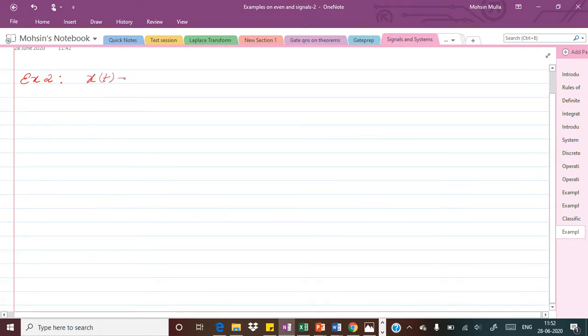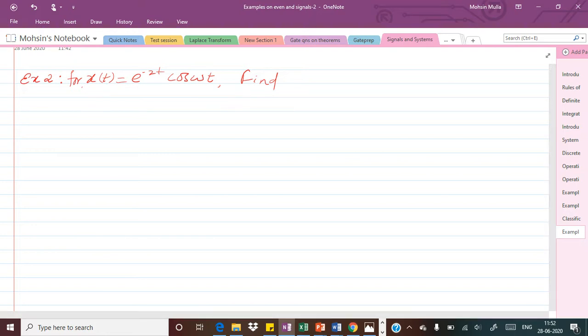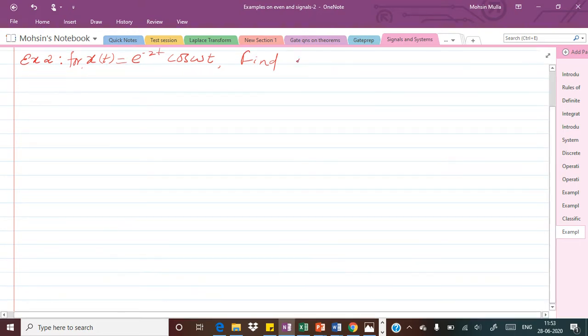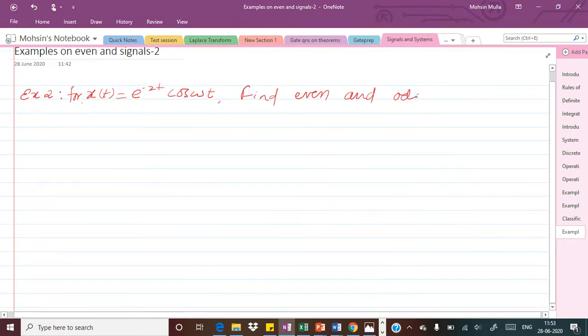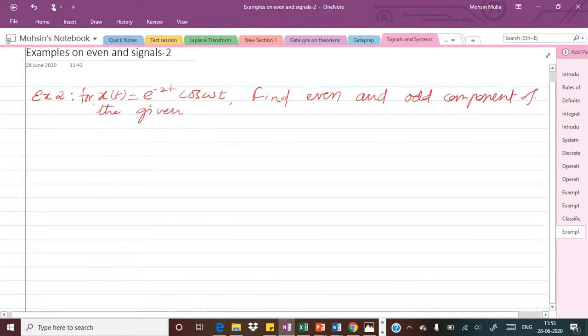x of t equal to e raised to minus 2t cos omega t. Find the even and odd component of the given signal x of t.